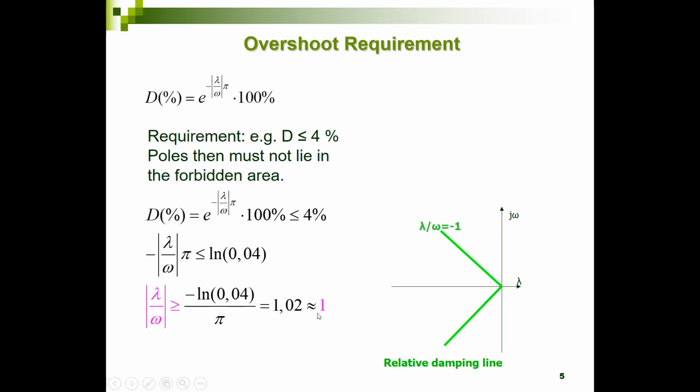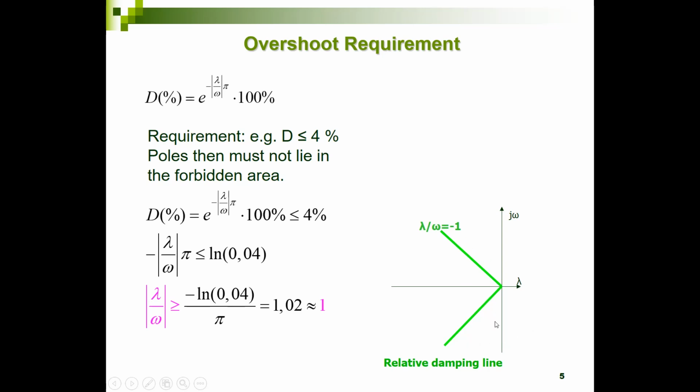That was the corresponding 1 in the table. So these poles may be on this line, but they may not be in this area. Because remember, when a pole is, for instance, on a line over here, then we have seen that the overshoot increases. So the poles may not be in this area.